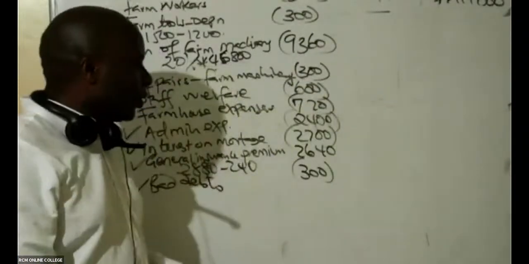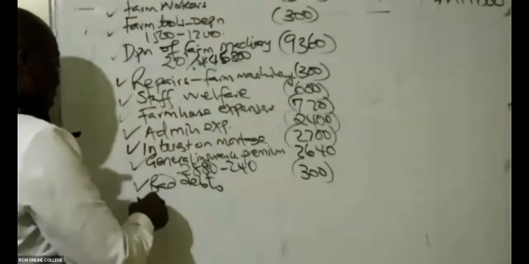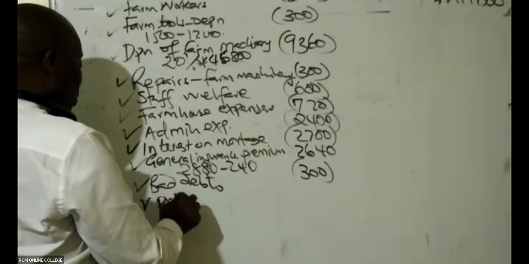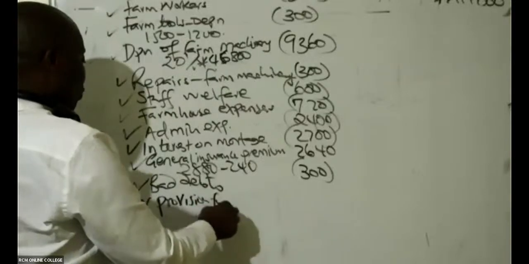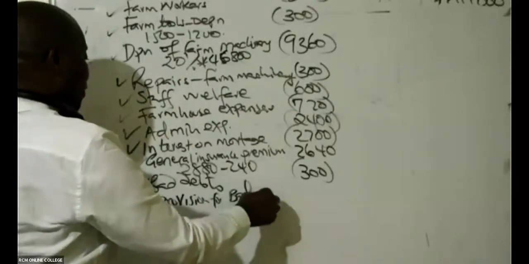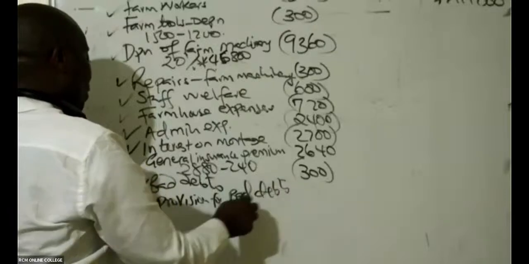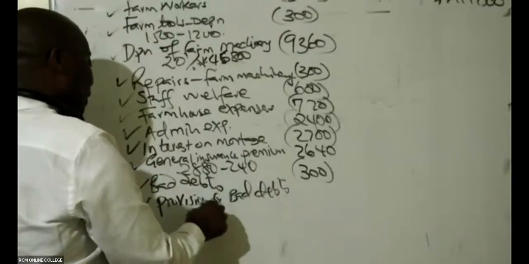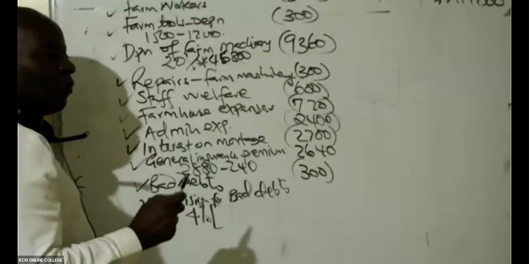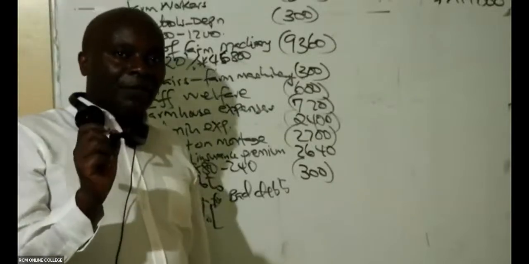So then we have bad debts, and we have your provision for bad debts. They have told us the provision is 4%. Remember, we do the provision for bad debts on the company's receivables.